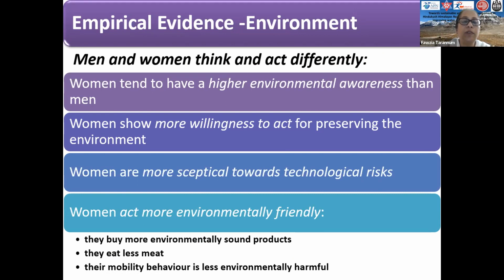I am a faculty member at TERI School of Advanced Studies, where we have an exclusive focus on environment and sustainability, and it's like a 60-40 ratio, sometimes even 65-35 or 70-30, where 70% are women who come to study in our university. So somewhere the pro-environment behavior is shown more by women than men.